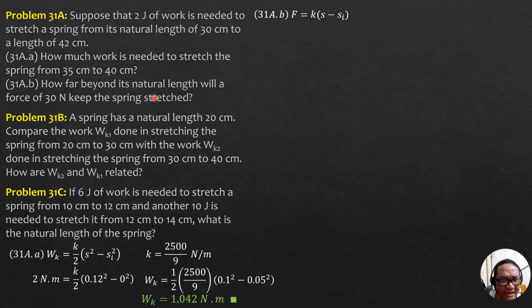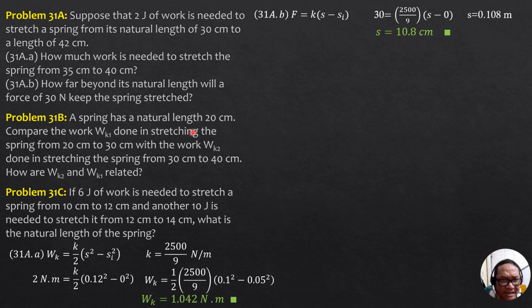So since it begins with the natural length, S is the stretching beyond the natural length, and SI is 0. So 30 equals 2,500 over 9, quantity S minus 0. So S is equal to 0.108 meter, or in cm, that's 10.8 centimeters.